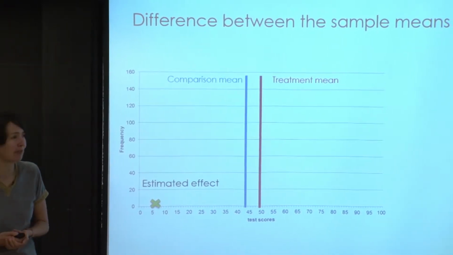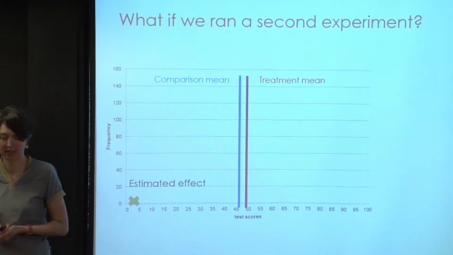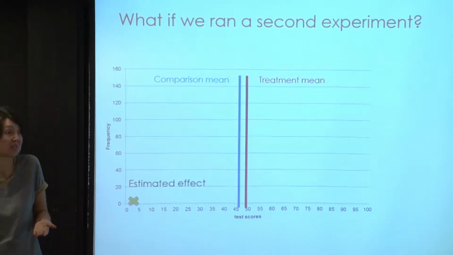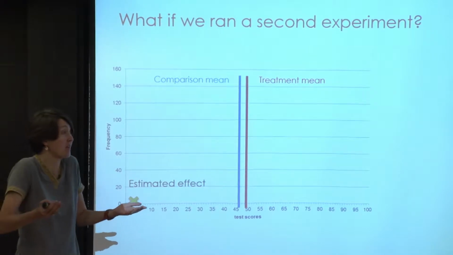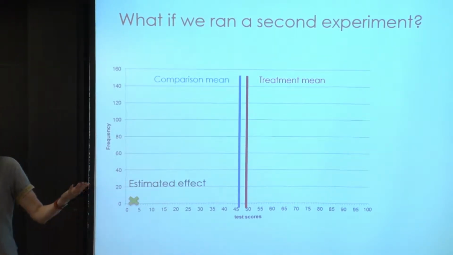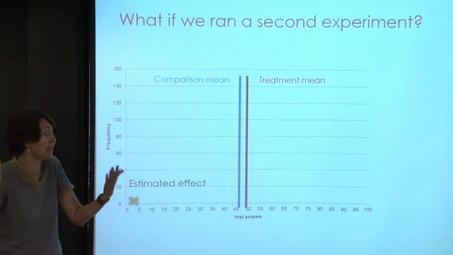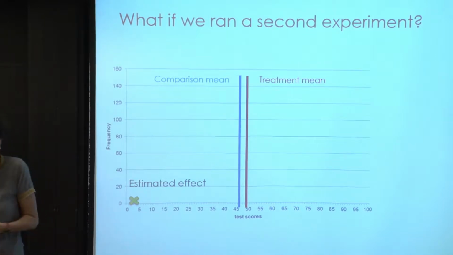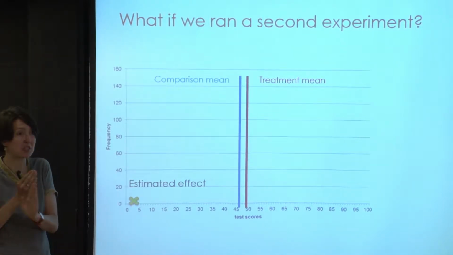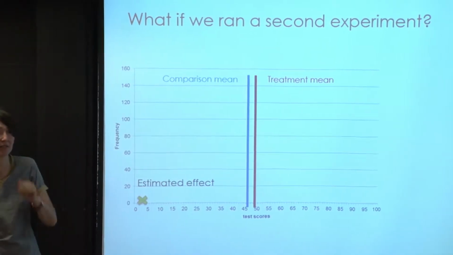Now what if we ran a second study? We'd get a second estimated effect. And it might be different, because this time we have different kids in the class. We have more of the really smart kids in the control group this time, and so the difference between the two is much smaller, and so we get a different estimated effect size.